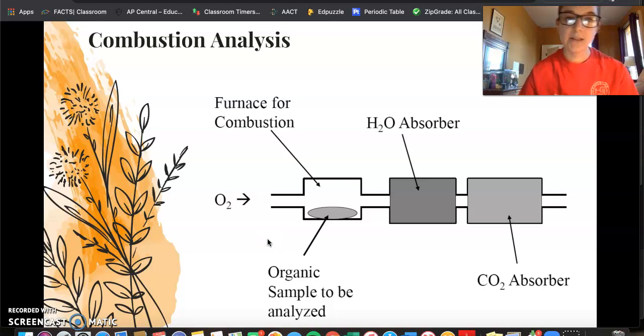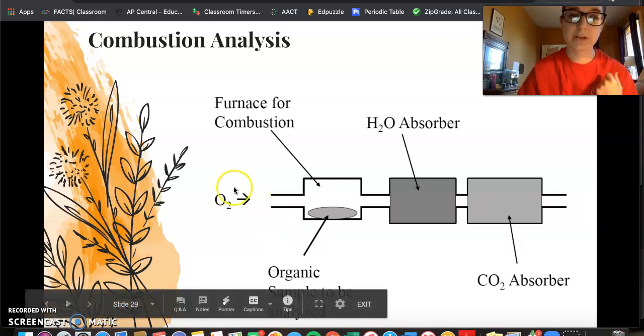Combustion analysis is one experimental way that we typically get this data for empirical and molecular formula problems, and it's pretty simple, which is why it's really common to use that kind of example. But the products for any combustion reaction for a compound containing hydrogen and carbon, or hydrogen, carbon, and oxygen, are always going to be CO2 and H2O.